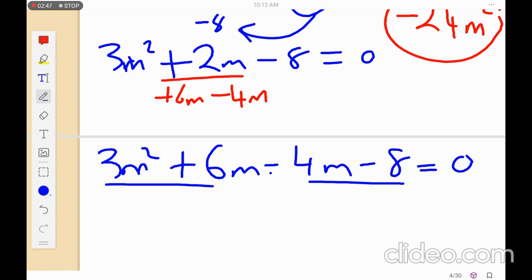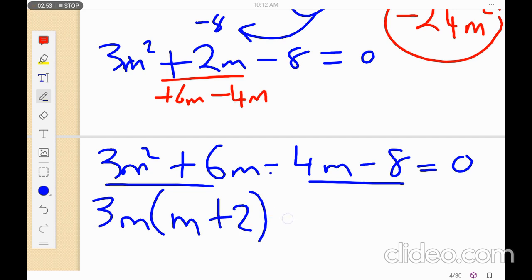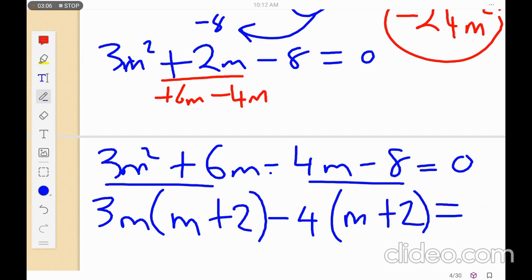For the first one, I can take out 3m and remain with m plus 2. The second one, I can take out minus 4, sorry, and remain with m plus 2. This is equal to 0.